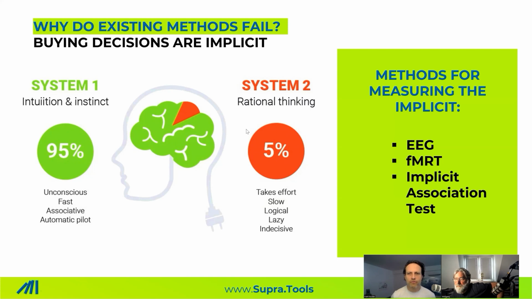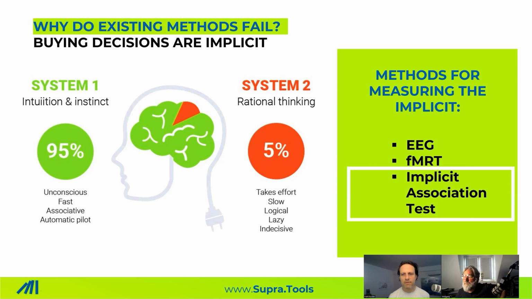And there are basically three of them on the market. What implicit price intelligence is doing is using an interesting methodology called the implicit association test, which can be conducted online. It uses the reaction time to a question to understand if the opinion given by the respondent comes from the gut or the neocortex, let's put it this way.